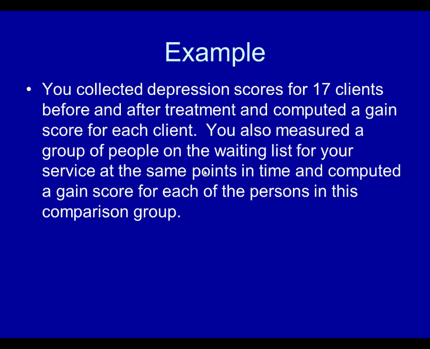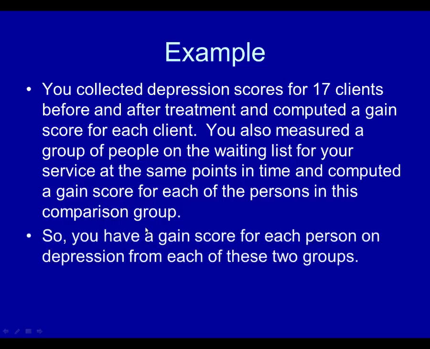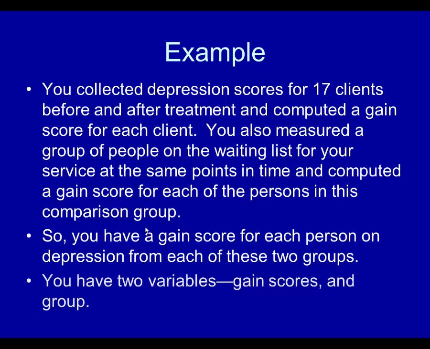Is there more improvement in depression scores for clients than for those in the comparison group, which in this particular example are those people on the waiting list for service? So you have a gain score for each person on depression for each of these two groups. You now have two variables, gain scores and group.